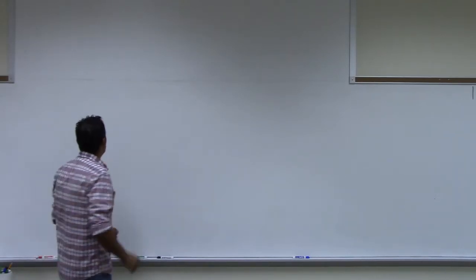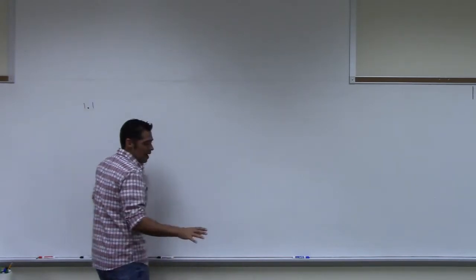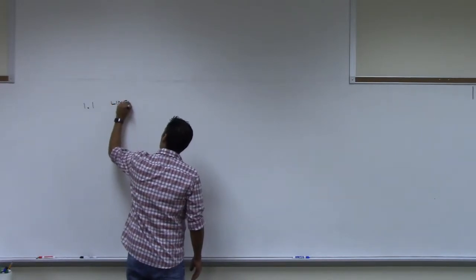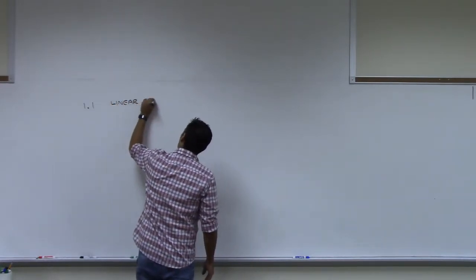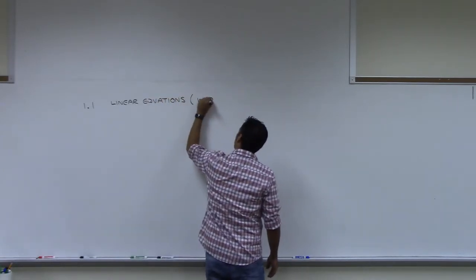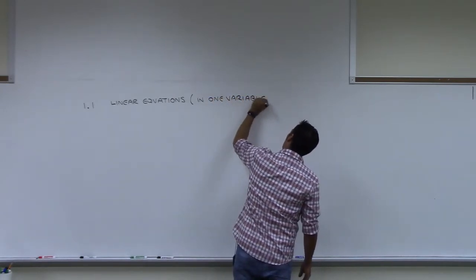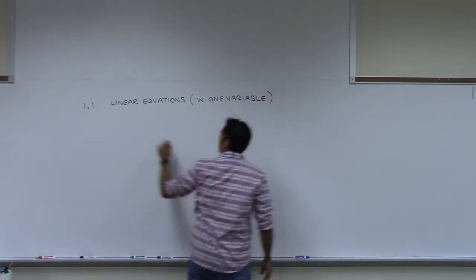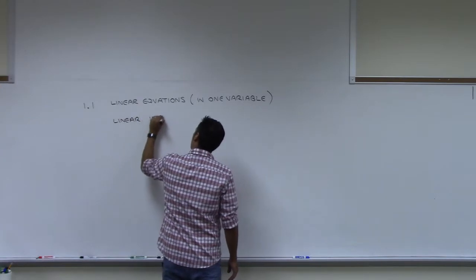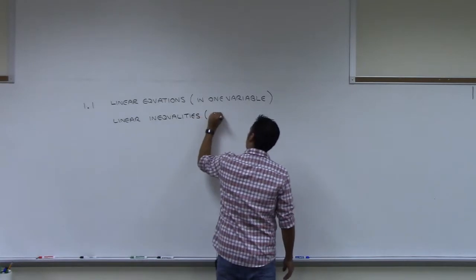So, all right, so 1.1, I want to kind of change the title, even though it says linear equations and graphs. I'm going to put linear equations in one variable and then I'm going to put linear inequalities, again in one variable.